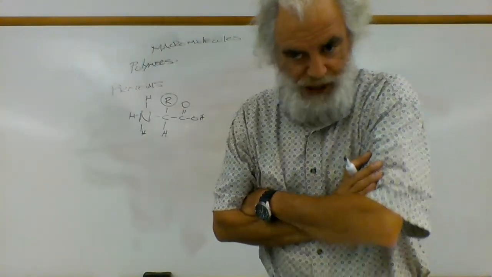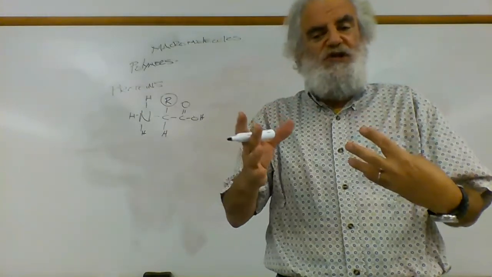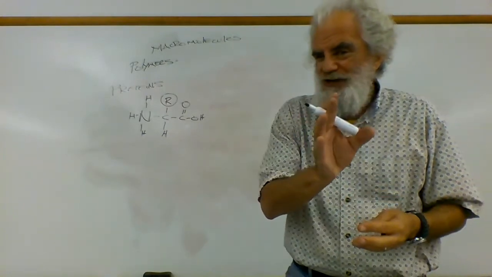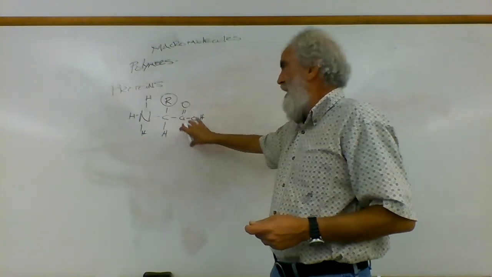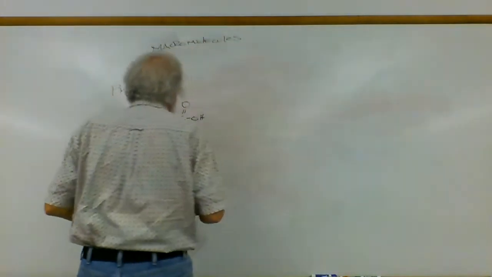We don't have to do that. But these R groups have different characteristics. And that's what's really cool about proteins, is that they're all based on the amino acid, but the R group has an effect.